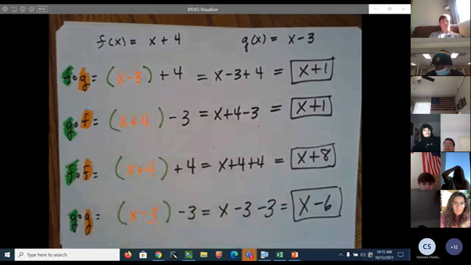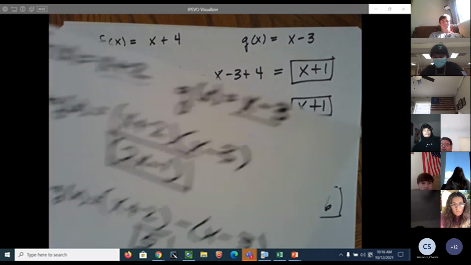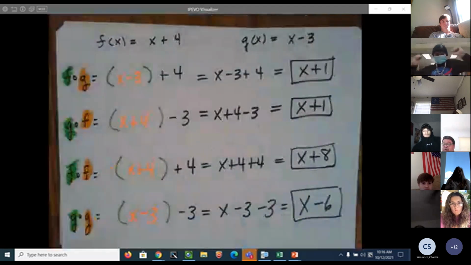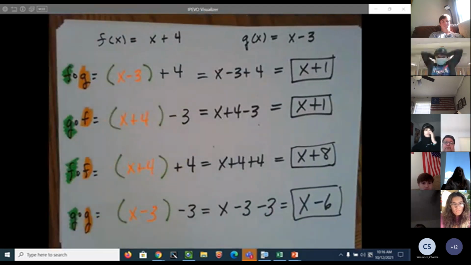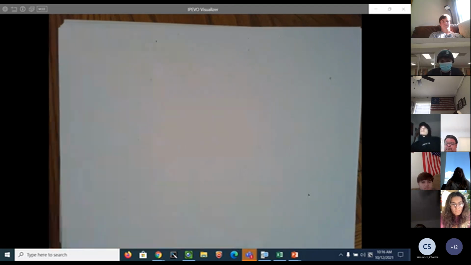And that's how you do composition. All right, so let's do another one, because y'all know how to do the easy ones. This is what y'all suck at. I mean, 110 students and 109 students.